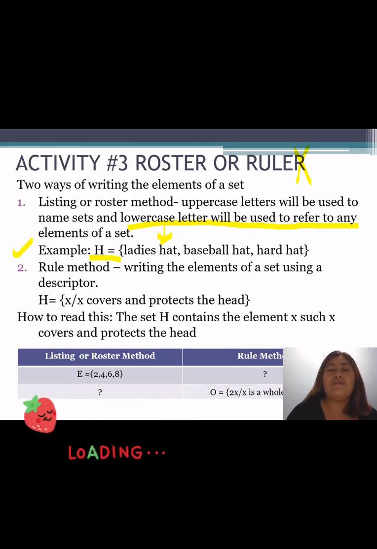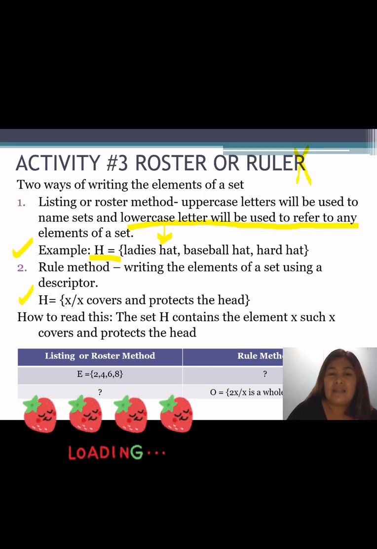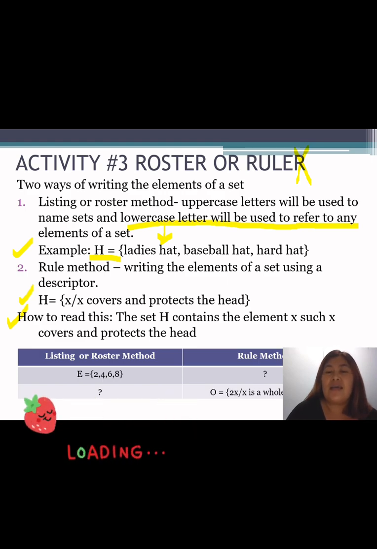What about the rule method? The rule method is writing the elements of a set using a descriptor. So, therefore, we will not itemize what are the elements under the set, but we will use a descriptor. So this is how we write it, and this is how we read this. Okay, so the set H contains the element of X, such as X covers and protects the head.